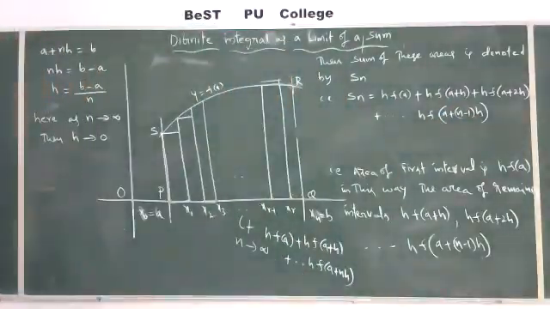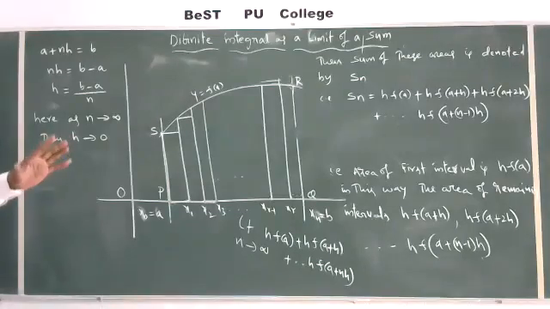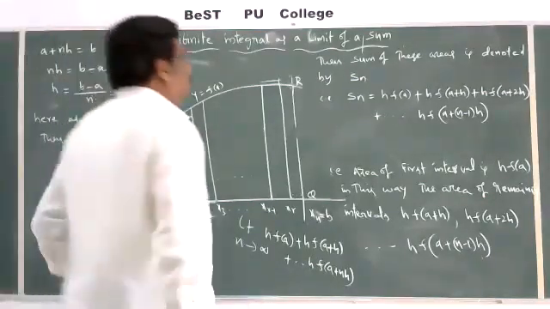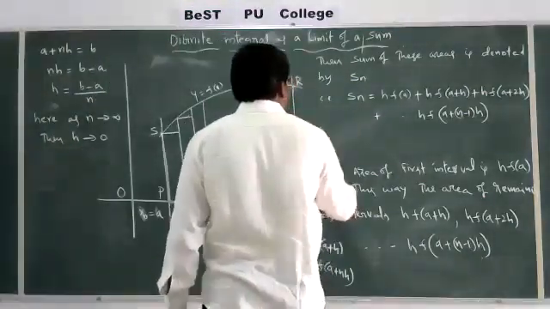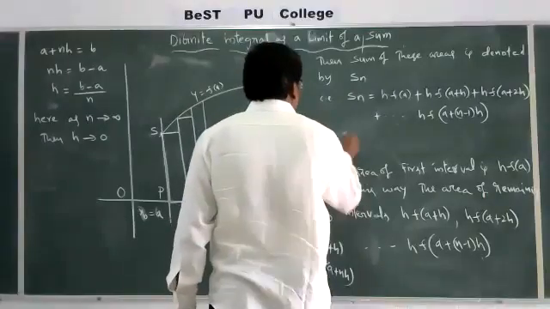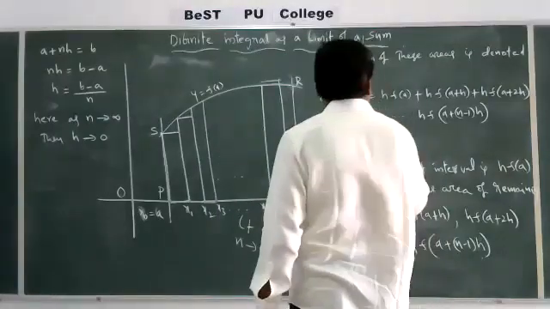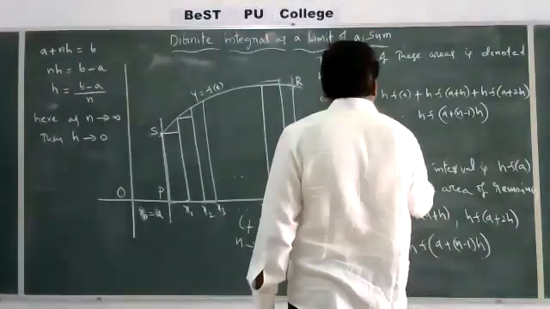Sn is the sum of the areas of all the rectangles: Sn is equal to h into f of a plus h into f of a plus h plus h into f of a plus 2h and so on, h into f of a plus n minus 1 into h. Then apply the limit. We don't know the n value, that's why limit n tends to infinity of Sn is equal to limit n tends to infinity.